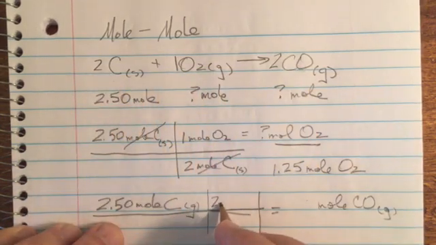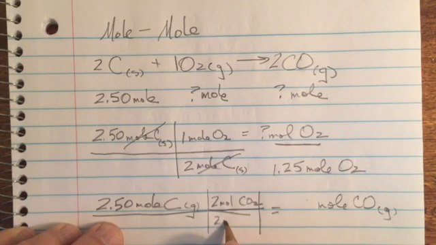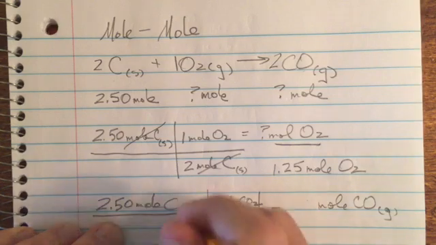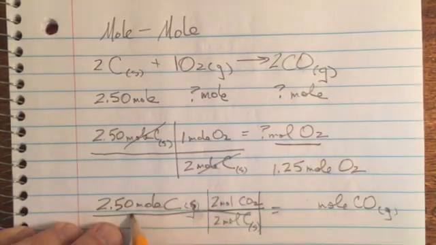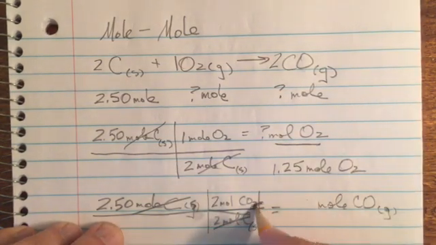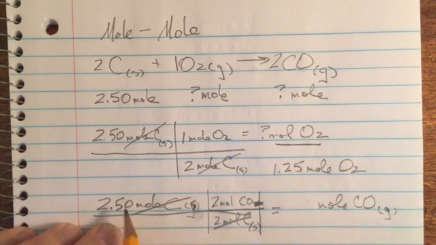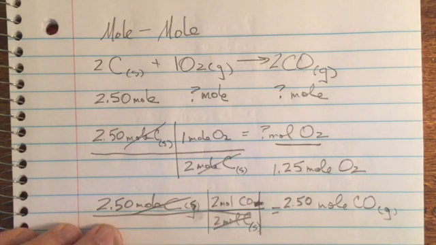There's 2 moles of CO for every 2 moles of carbon. This is a solid, by the way. The units moles carbon cancel, and you have moles of CO. The ratio was 2 moles of CO for every 2 moles of carbon. Obviously, you get the same number of CO produced as you started with carbon in the reactant side.